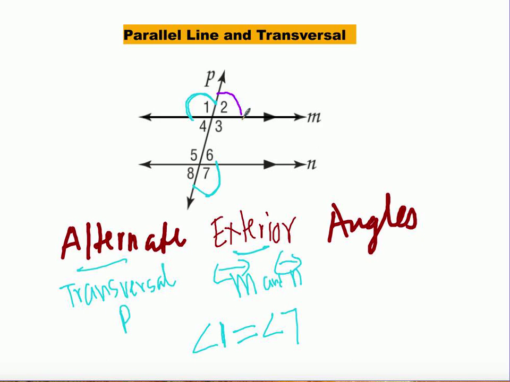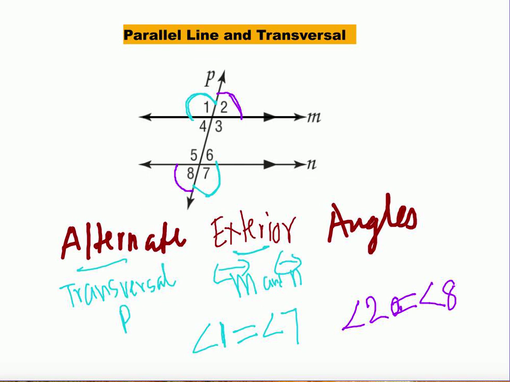We have angle 2, which is on the right hand side of this transversal P. So the alternate one that's outside would be angle 8. So angle 2 is equal to angle 8. These are two pairs of alternate exterior angles: angle 1 equal to 7, 2 equal to 8. Alright, please pause and take some notes.